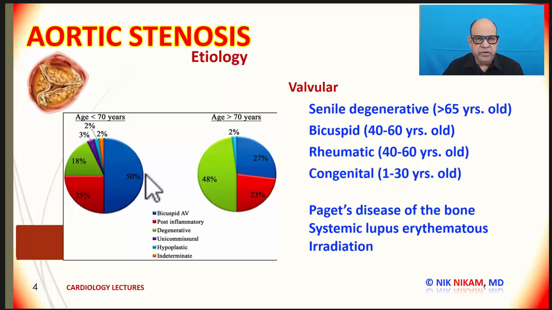This is an important distinction we want to keep in mind, and at the same time about 25% in both age groups are related to post-inflammatory changes such as rheumatic and other connective tissue diseases.